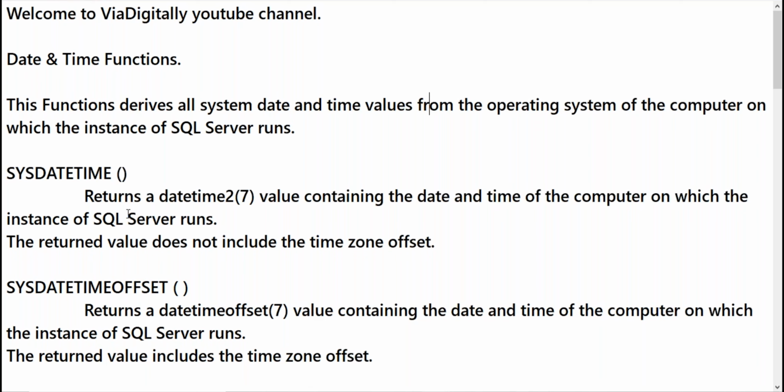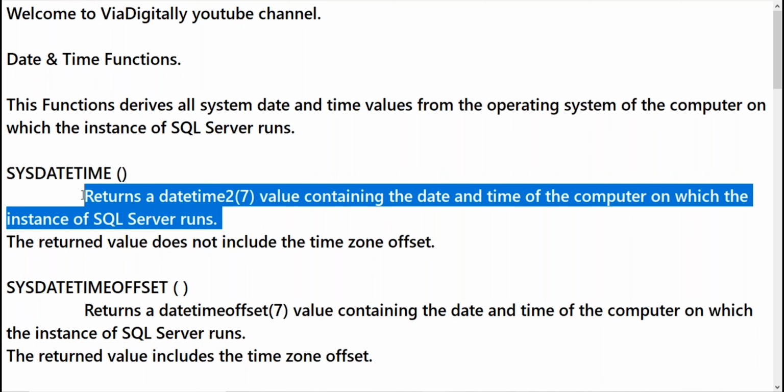Now you can observe SYSDATETIME. It returns a datetime2 value, which we already discussed in the data types part. You can refresh that. It contains the date and time of the computer on which the instance of SQL Server runs.